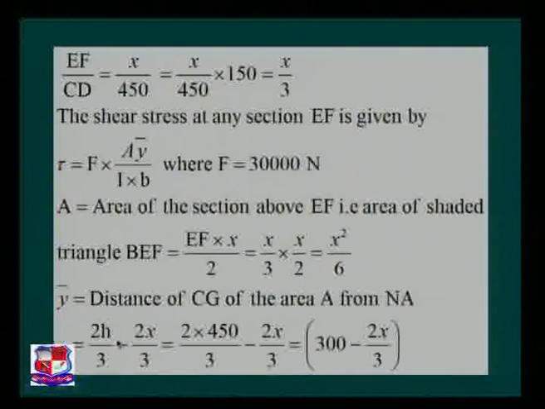So h is known to you, that is 450. So 2 into 450 by 3 minus 2x by 3. If you simplify this, we achieve y bar is equal to the bracket 300 minus 2x by 3. So you just visualize all the terms, area A, y bar, all the terms come in correspondence with the value of x.